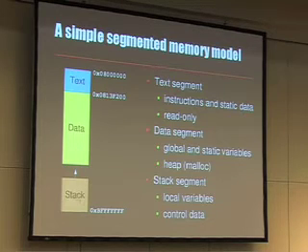This is a stack where all the local variables are stored, and there's also control data, but we will see that in the next slide. And the little arrow above here indicates that the stack grows towards the lower addresses. You will have to keep that in mind. So it will not grow towards the end of the memory, but towards the beginning of the memory.